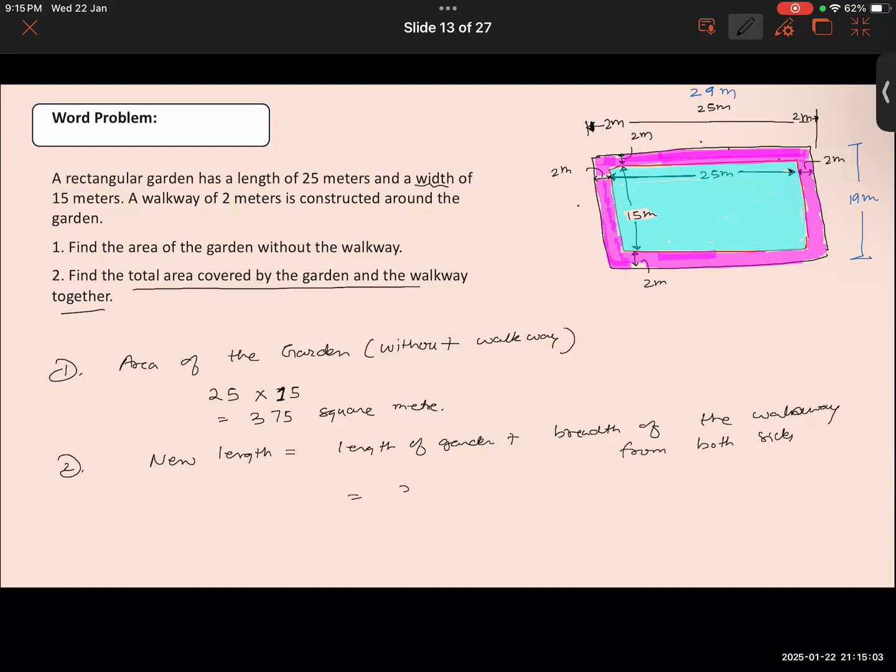So that is 25 plus 4 equals 29 meters, and the new breadth is 15 plus 4, and hence that is 19 meters. So you have 29 meters and 19 meters, and we know to find the area, that is length into breadth. So find it now.